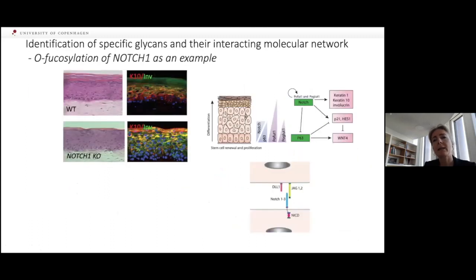To validate our model, we decided to first knock out Notch 1 to see if it fits with the results found in mice. Knocking out Notch 1, we saw an enlarged area of the basal cell compartment and delayed differentiation, which has been shown before in Notch 1 knockout mice.